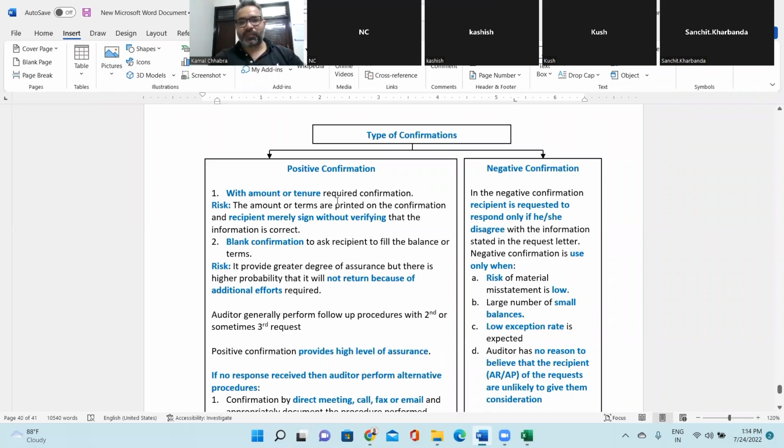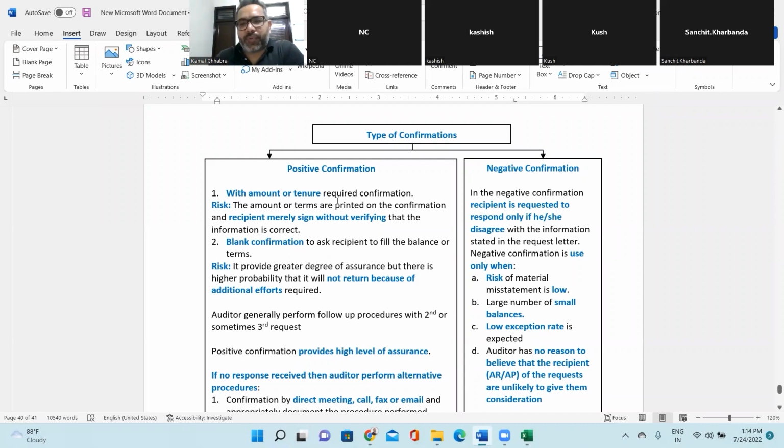But now a lot of that is done automatically or through email, where you send PDFs, they sign and send them back to you, or you send it through confirmation.com for, say, bank confirmations and investment confirmations. And then you also have positive confirmations and negative confirmations. Very good. Thanks, Kush, for sharing your experience.